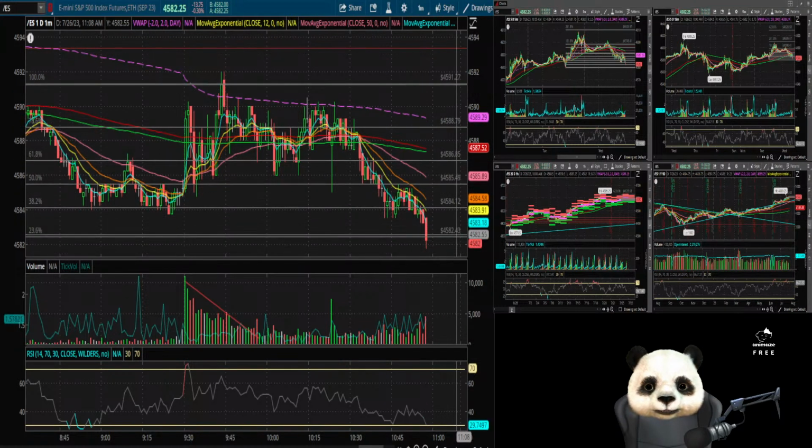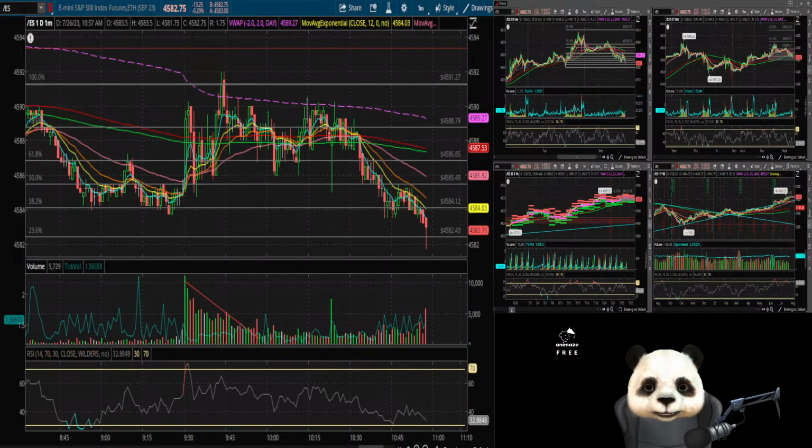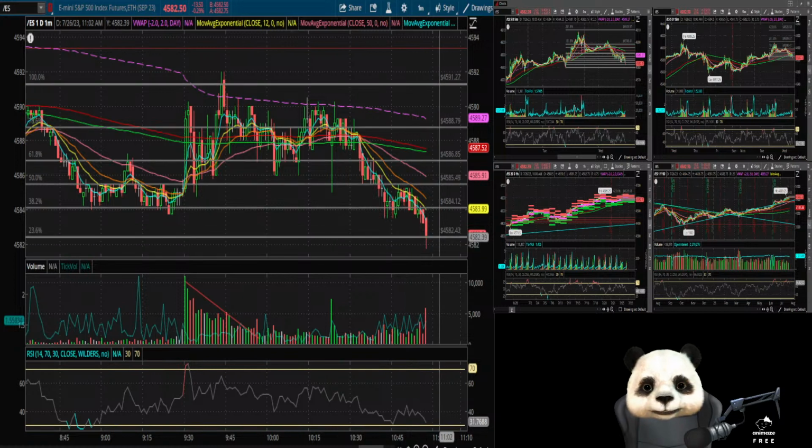There we go. Breakdown. Broke through. See this, most of the liquidity was on the 45.8250, which was right at this 23% Fibonacci level. These retracements are pretty helpful, I will say.